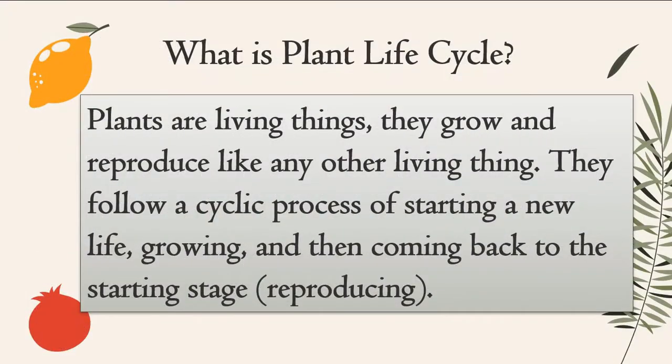Plants are living things. They grow and reproduce like any other living thing. They follow a cyclic process of starting a new life, growing, and then coming back to the starting stage by reproducing. Plants start their life from a seed and grow up to become mature plants. Most plants start their life as a seed.